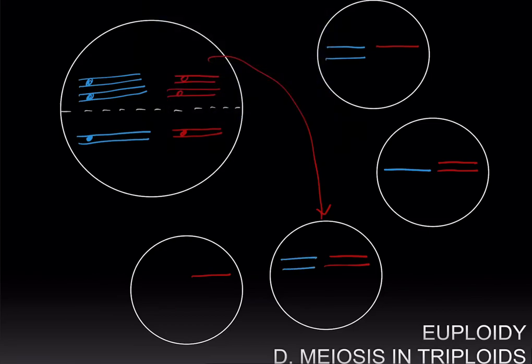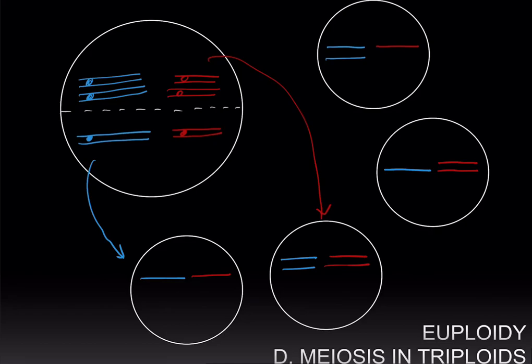Therefore, this gamete would be diploid for both the red and the blue chromosomes, and one red and one blue chromosome in the gamete. So the gamete is haploid for both the chromosomes.